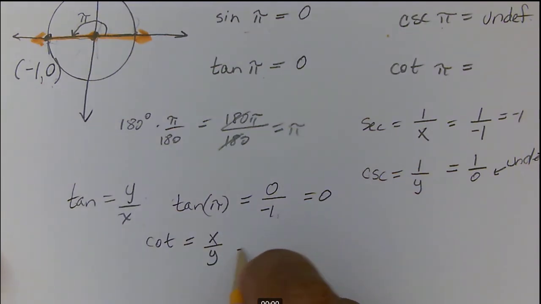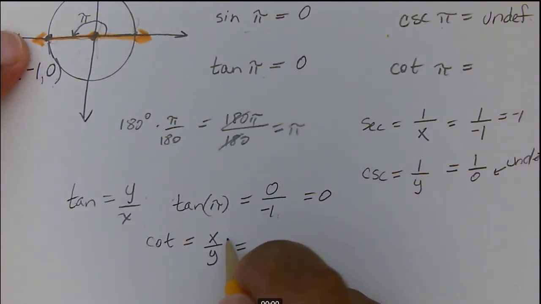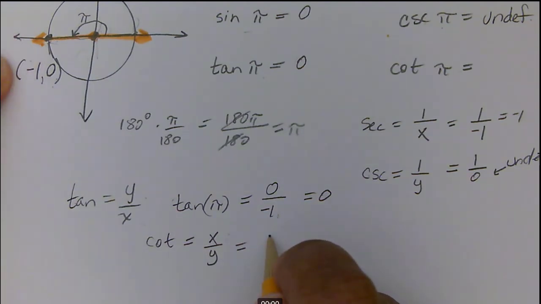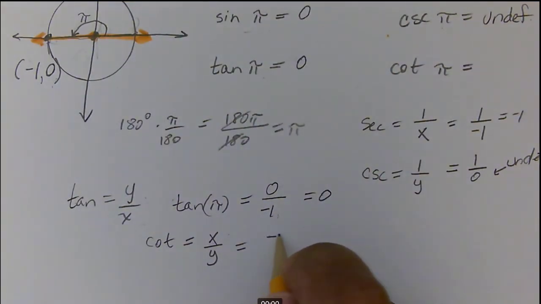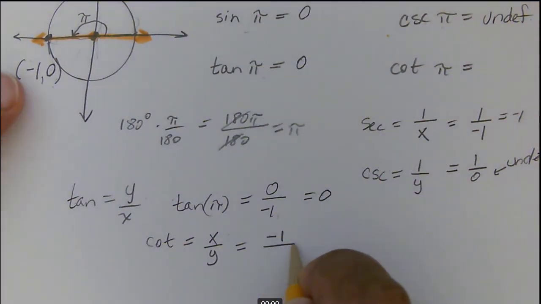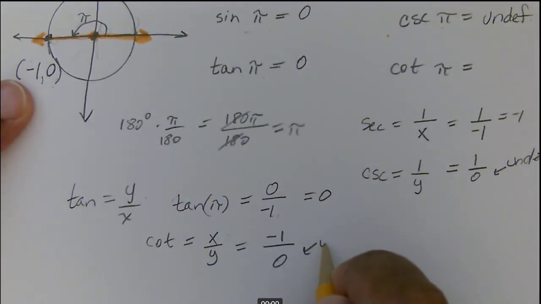And the cotangent at pi is going to be the x coordinate, negative 1, over 0. And so we have our second undefined coordinate.